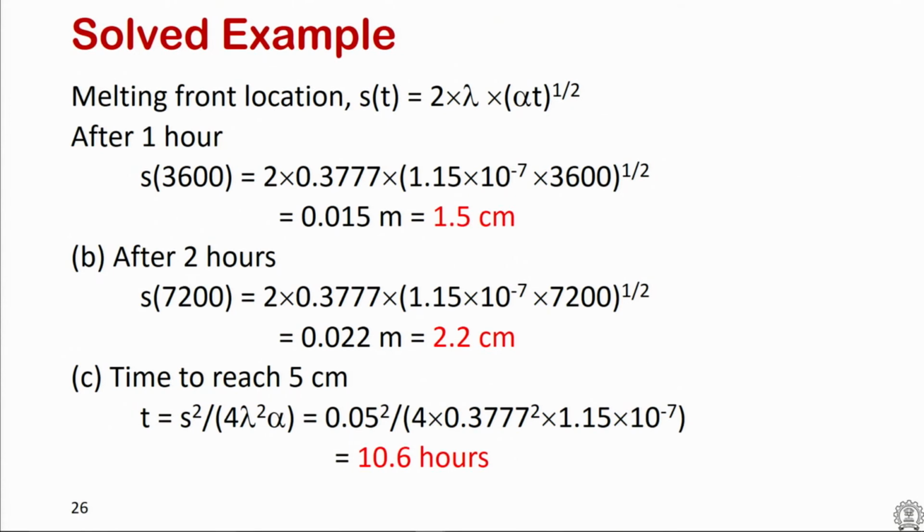By squaring both sides, you get time equal to S squared divided by 4 lambda squared alpha. S is already given as 5 centimeters. Substituting this, you will find that in order to melt 5 centimeters, one has to heat the domain for 10.6 hours.